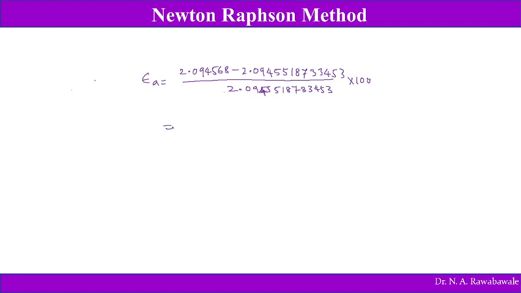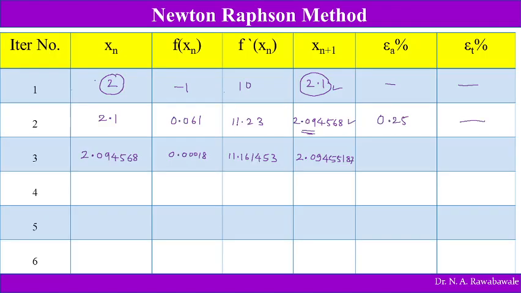So this approximate error works out to be 0.0007%. So the approximate error we can write here as 0.0007%, and the true error we cannot find out.